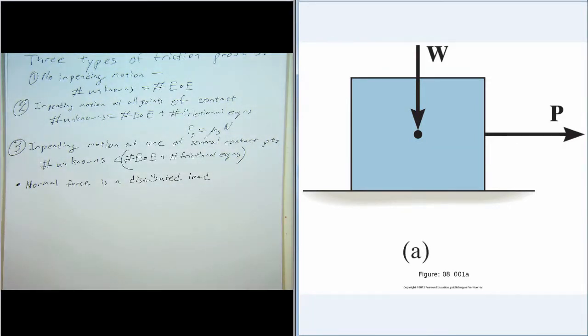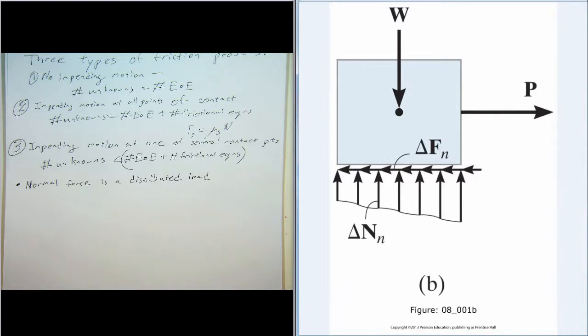So you can see that here in this figure. This is what the normal force actually looks like. It's a distributed load. There's force per area or force per length over the entire contact surface. And what we do is we treat this like an equivalent force at a single point, just like with the distributed loadings that we've done in the past.